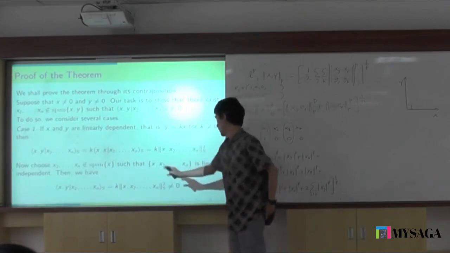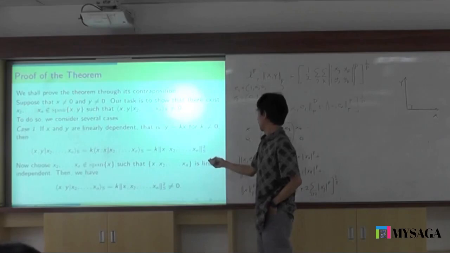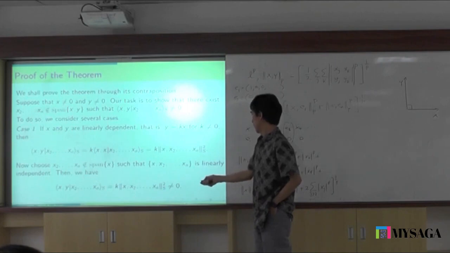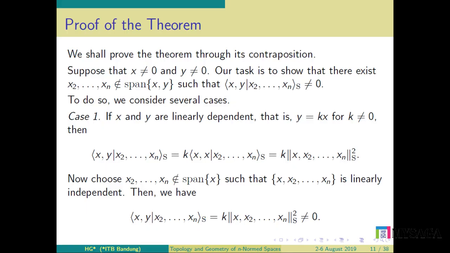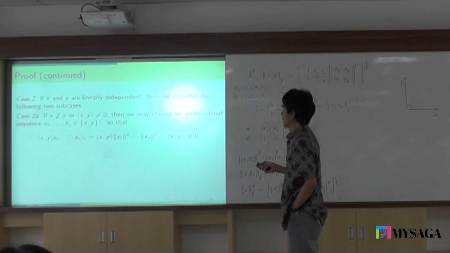And that will give us the value of this. If y is a multiple of x, so you take out k, and here we have x and x, and this will become the n-norm of x, x2 up to xn, squared. So this is non-zero. So what happens if x and y are linearly independent?